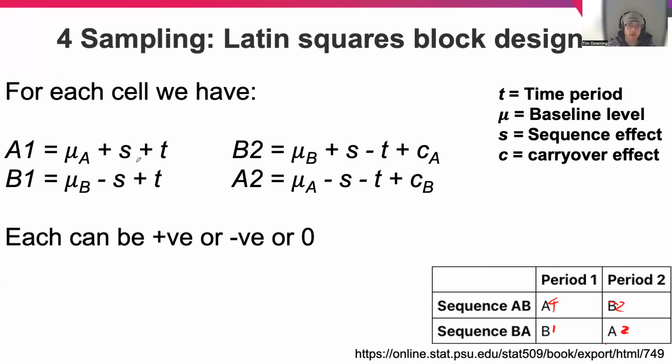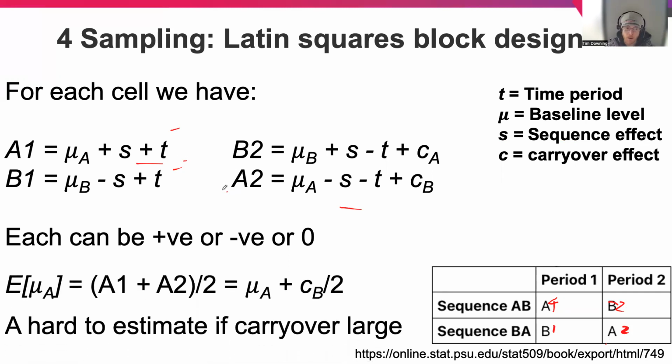So the mean for A is going to be this and this. You can see there we're taking out the carryover here because there's none. And same for this, we're taking out the carryover. So if we calculate the mean effect of A, it's going to be A1 plus A2. That's in terms of what we detect. So if we do that, then we can simplify it. We get mu of A plus the carryover effect of B divided by 2.